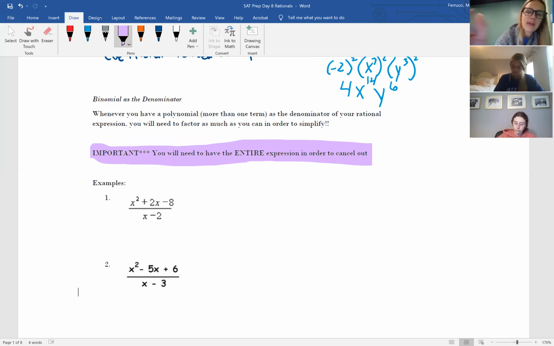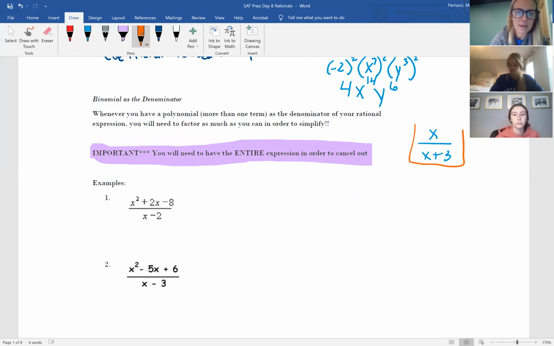So what I mean by that is, let's say I had x over x plus 3. That's as simplified as you can get it. You can't go through and cancel the x's out. Okay, that doesn't work like that. This is as simplified as you can get it.